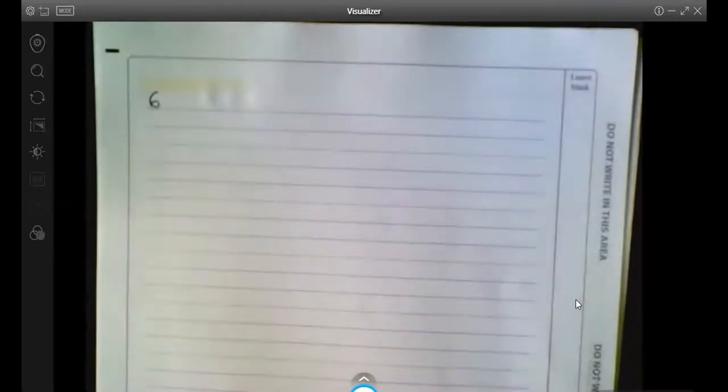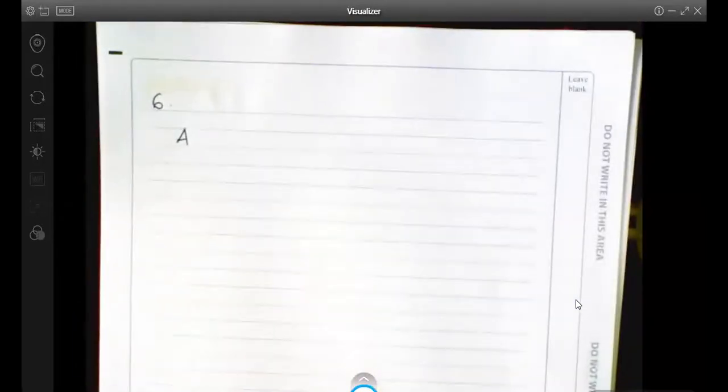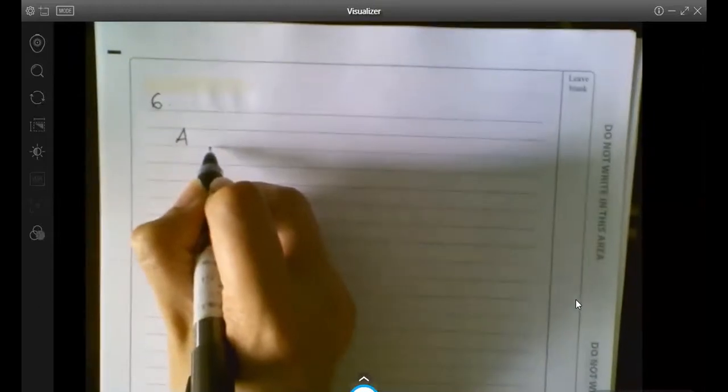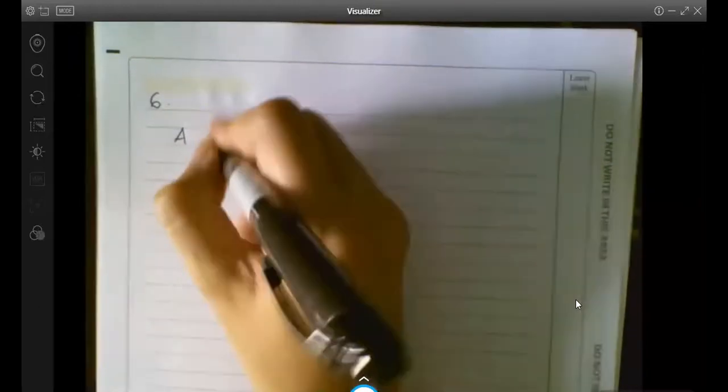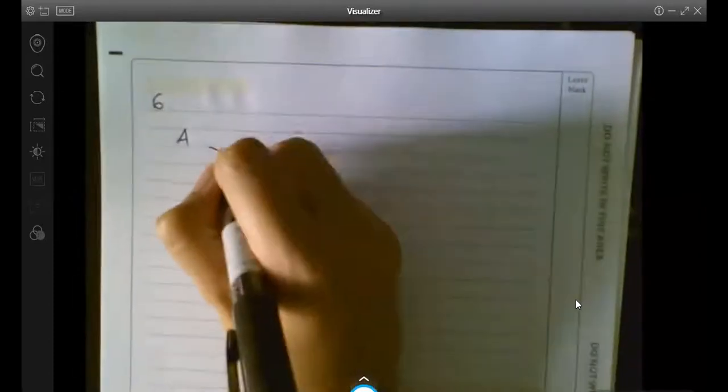Okay, example 6. I'll read one more time while I'm drawing. The stone is thrown from point A with speed 30 at an angle 15, not very accurate, 15 degrees below.